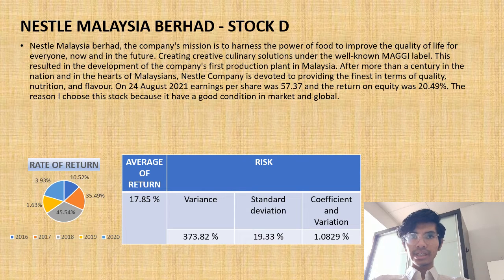This resulted in an average of return of 17.85 and the risk of variance is 373.82%. The standard deviation is 19.33 and the coefficient of variation is 1.0829%.